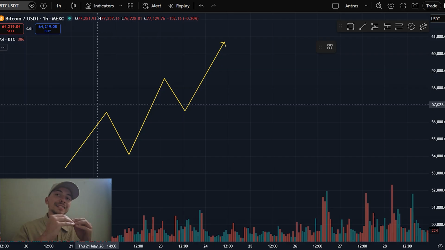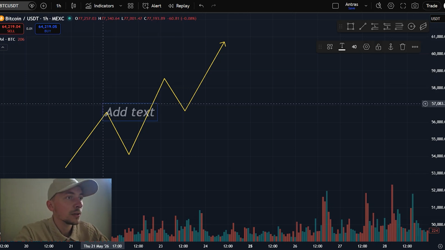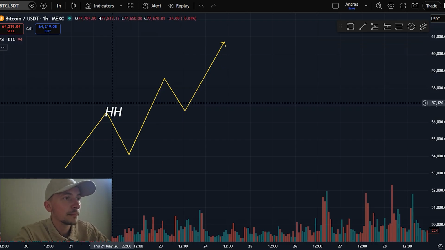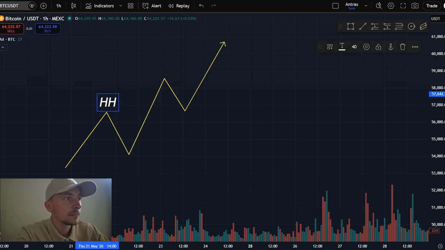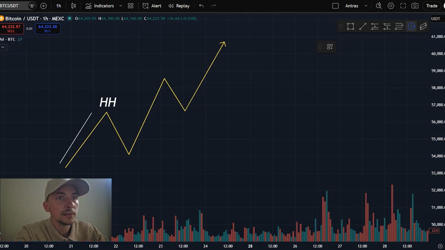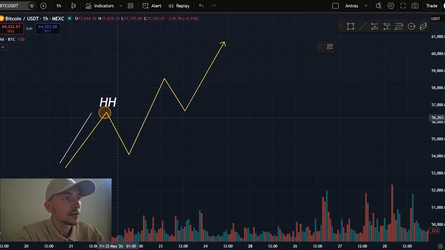A higher high is the highest point of a movement before it starts falling a little bit. When it starts reversing and going up once again, it's going to be another higher high, but at this point it's a new higher low. So here we have a higher high: the price goes up, creates a higher high, and starts going down.